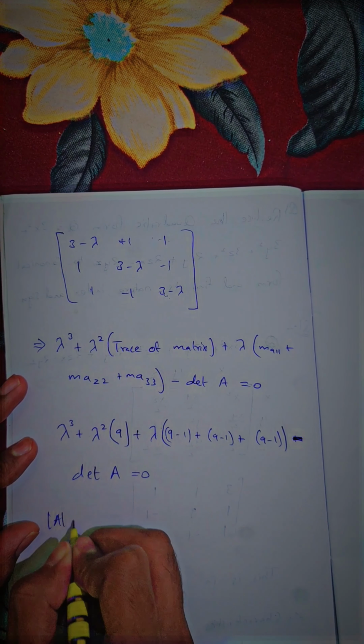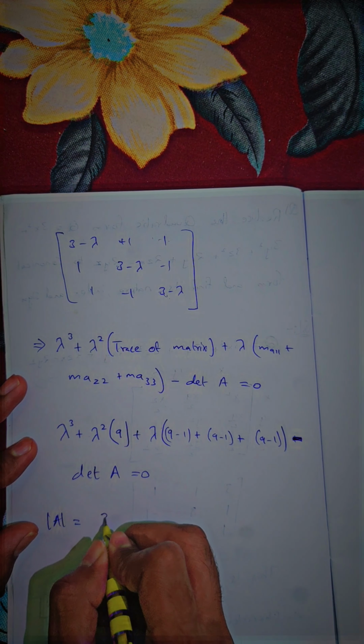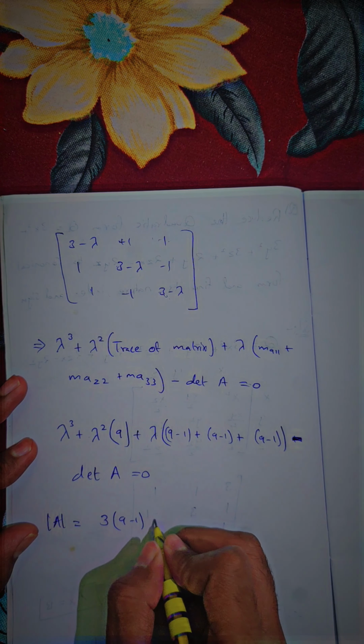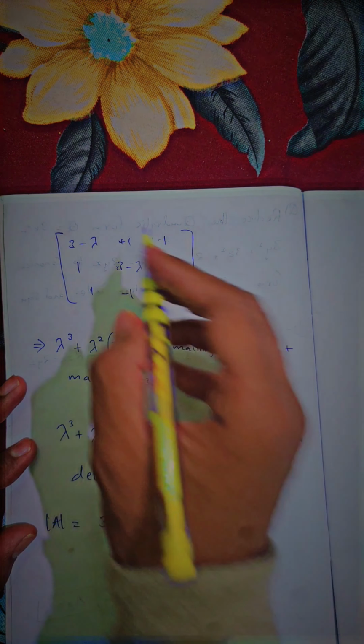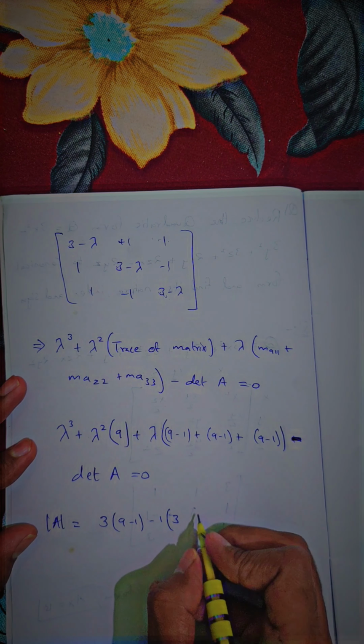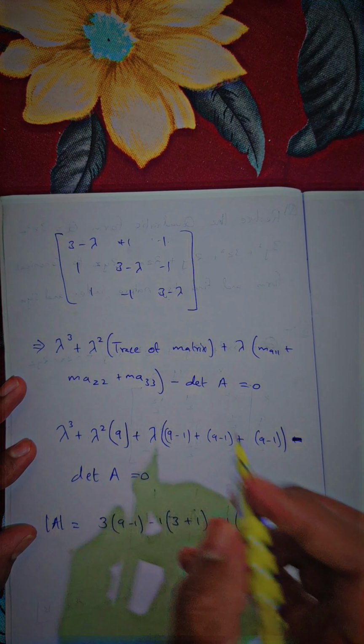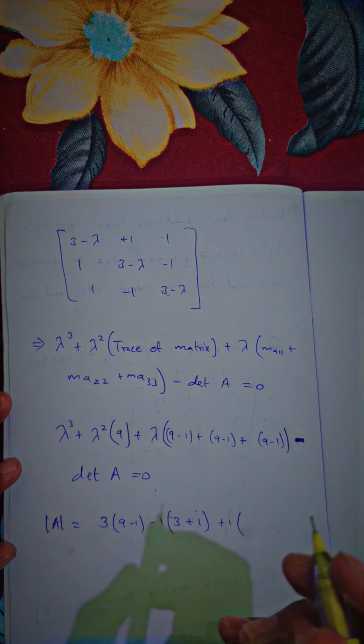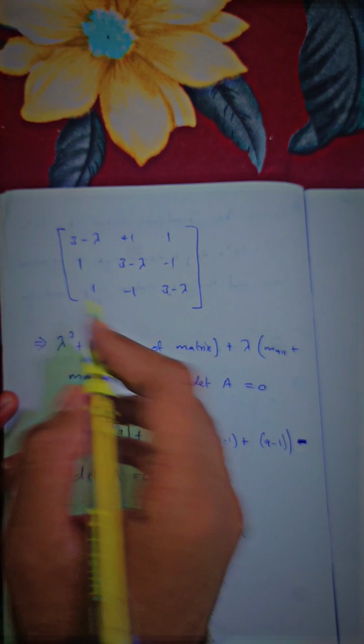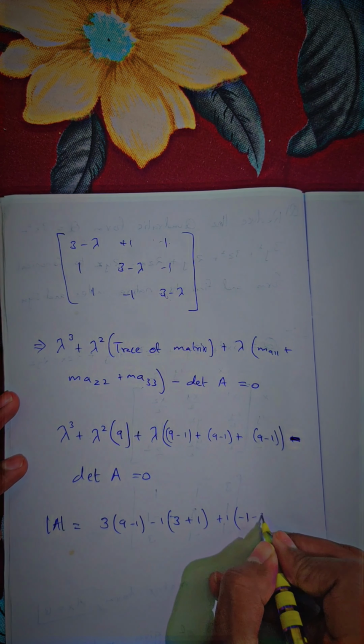Now what is det a? Let's find out. So 3 times (9 minus 1), minus 1 times (3 plus 1), so plus 1, plus 1 times (row column cancel, minus 1 minus 3).